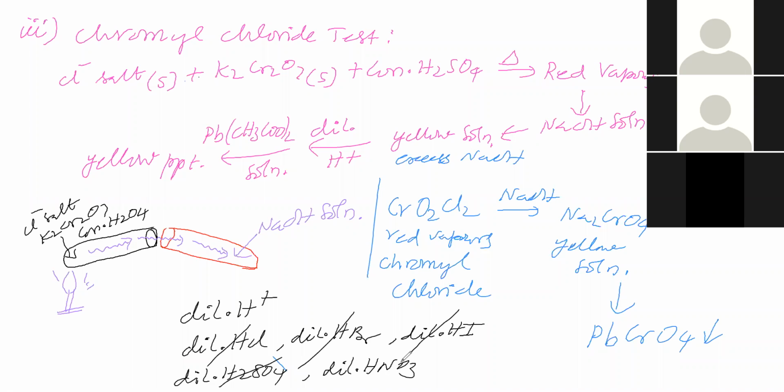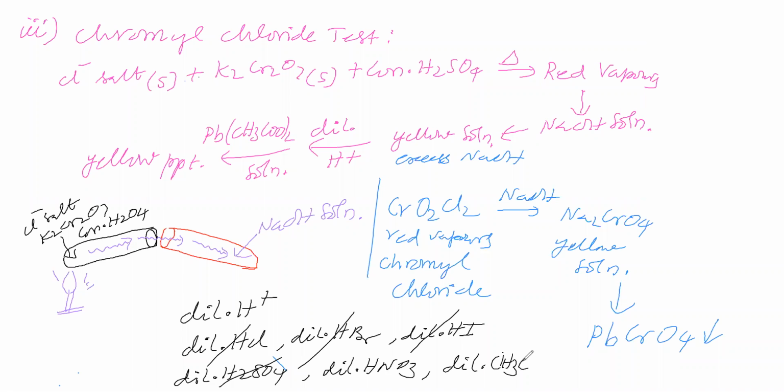All the nitrates are quite soluble, so we will think about dilute nitric acid. Then another possibility is dilute acetic acid. Shall we add dilute acetic acid or not? That we will see. Now we will take a lead acetate solution. How to prepare that we will see. We will take lead acetate solid.